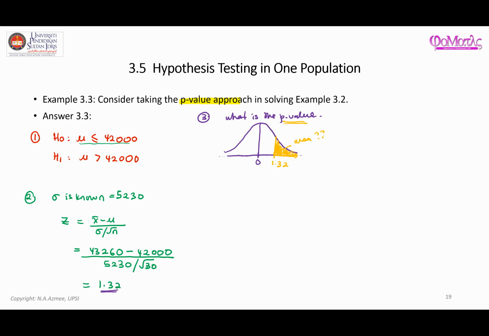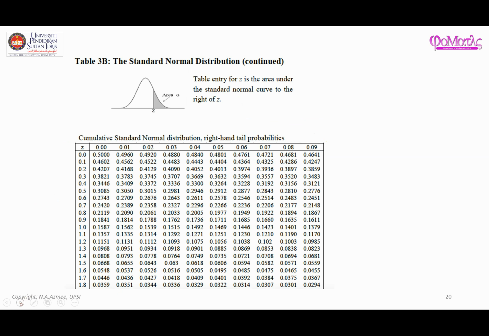So we are going to refer to the standard normal distribution table. We are interested in finding the area from 1.32 to the right of this distribution.